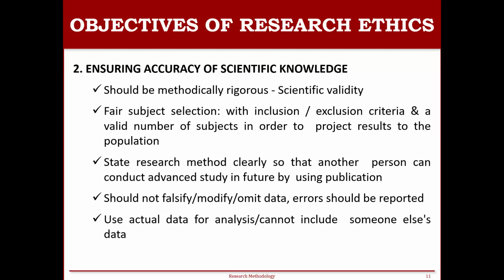Otherwise, you know that you have done a fake work. You have copied someone else's idea, right? You know what you have done in your study, right? So you should only deal with actual data for your study, which you collected throughout your study, right? Using someone else's data or making up the numbers is not ethical.